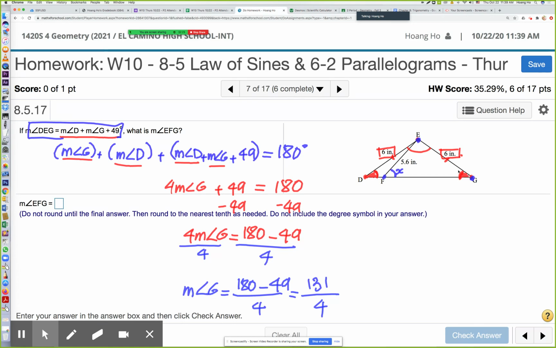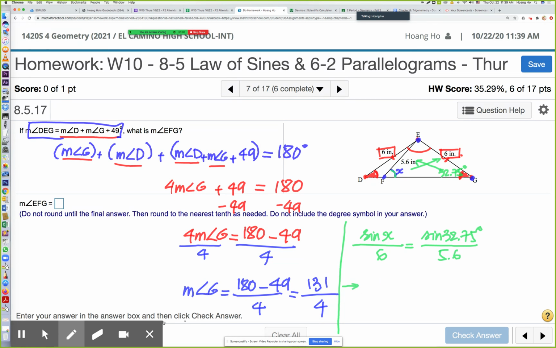So angle G comes out at 32.75 degrees. Now you just set up the equation to find the value of angle EFG. I label the value X right here. I would set it up: sine of angle X over the opposite side, which is 6, equals sine of 32.75 degrees, that's the angle, over the opposite side, which is 5.6.